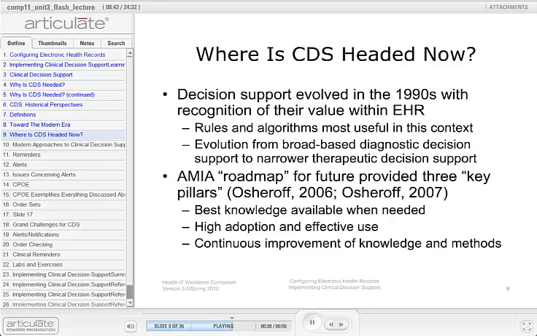A number of leaders in the field recently published a roadmap for decision support. The key pillars of decision support are having the best knowledge available to the physician when needed, making sure that there is high adoption and effective use, and continually improving the knowledge and the methods.